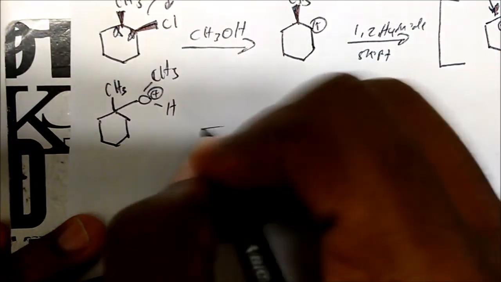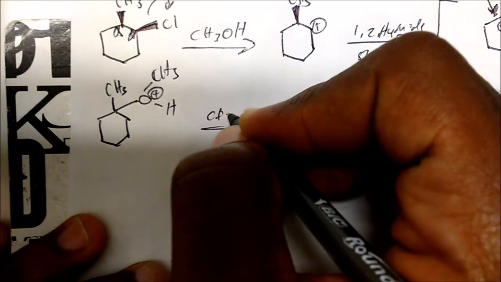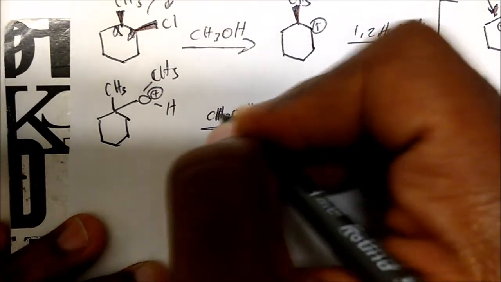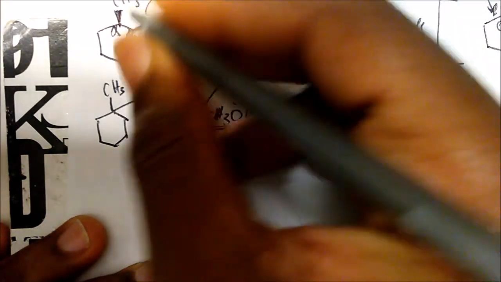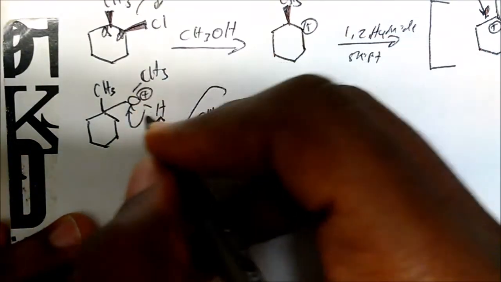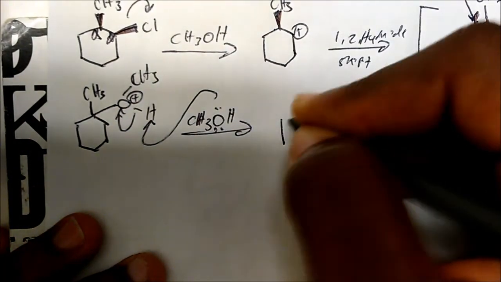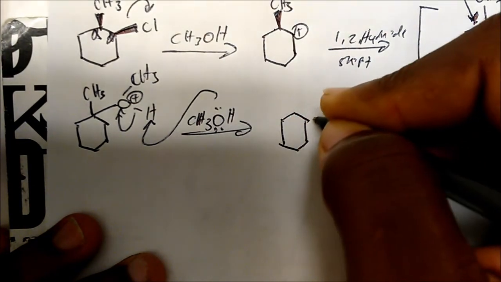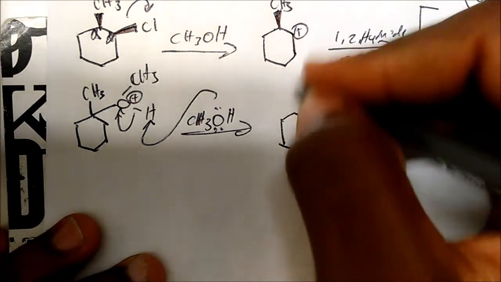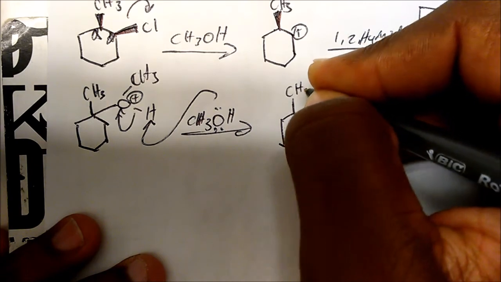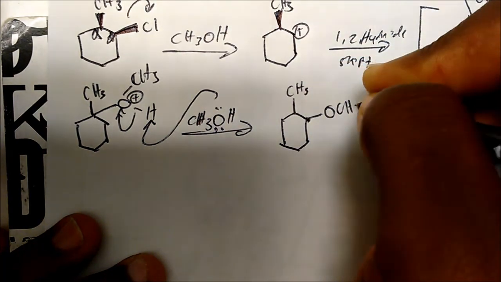Anytime oxygen has 3 bonds, that's just a +1 formal charge. And then last step of the reaction, another molecule of methanol comes in, acts as a base, takes that hydrogen, these electrons kick off onto the oxygen. We get something that looks like this. CH3 with an ether.